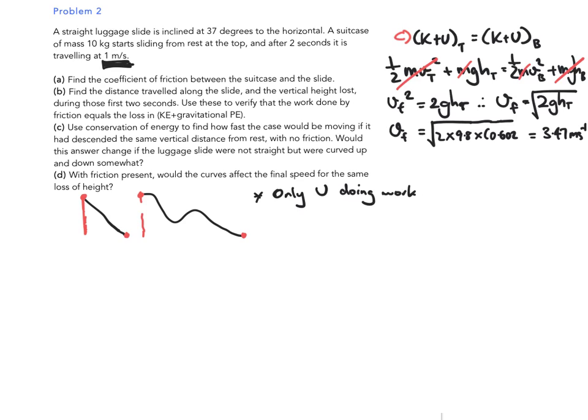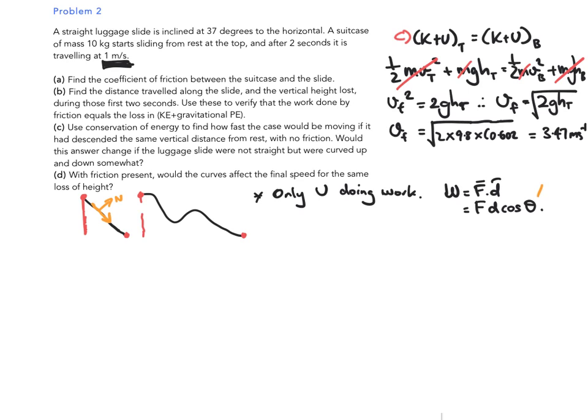It's the same because it's only gravity doing work. That's because if you think about the work being F dot D, that's F D cos theta. If you're sliding down this thing, the only other force acting would be a normal force pushing this way, and that is always perpendicular to the direction of travel down this way.